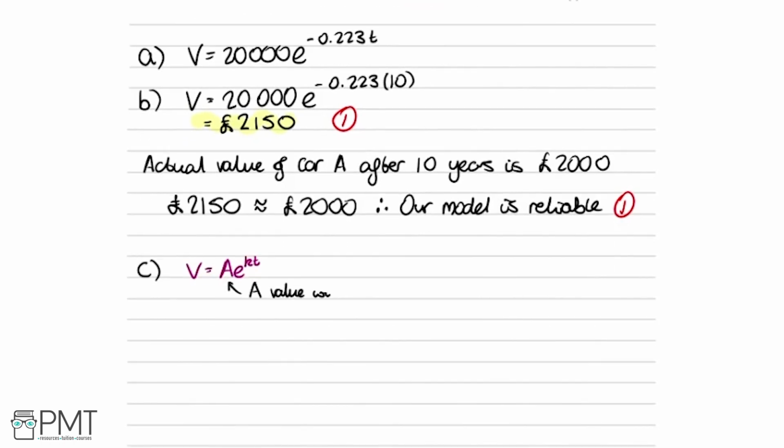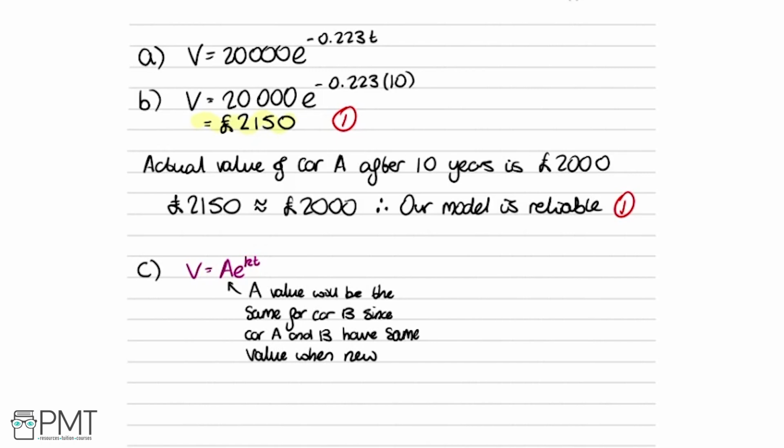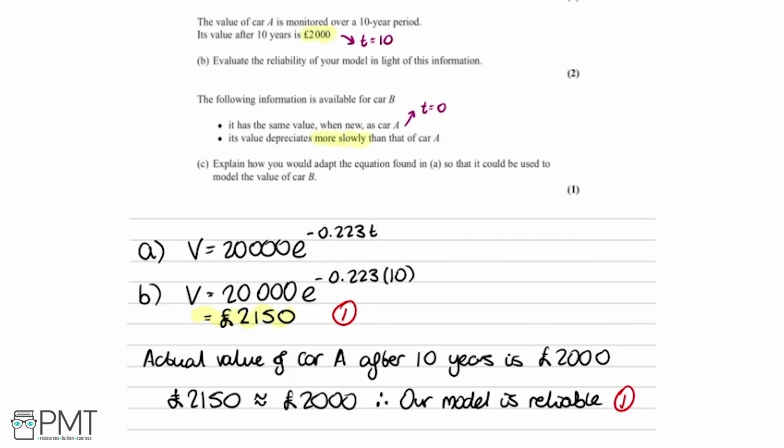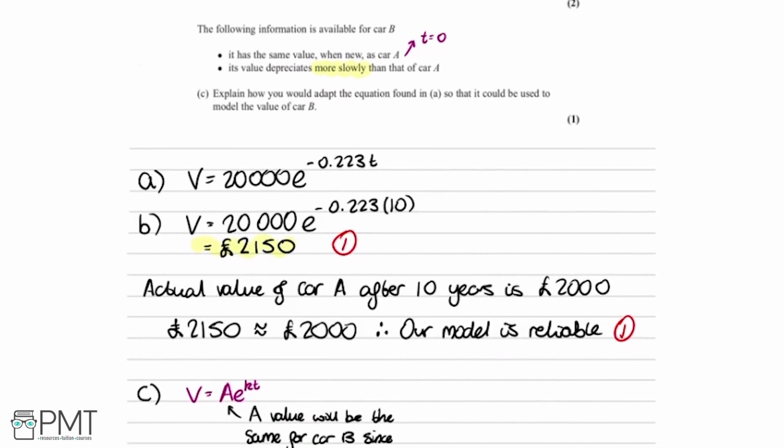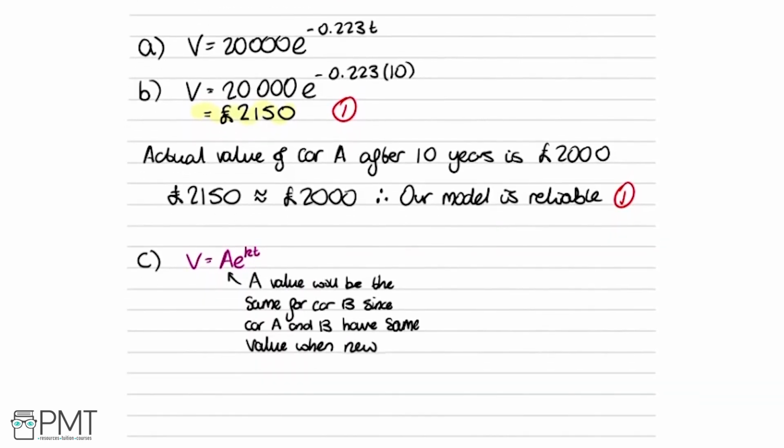So formally writing this down, we say that the A value will be the same for car B, since car A and B have the same value when new. So we're going to adapt the equation by changing the value of k. Now the key bit of information here is that the value depreciates more slowly. Therefore, our k value will need to be closer to 0, so less negative.